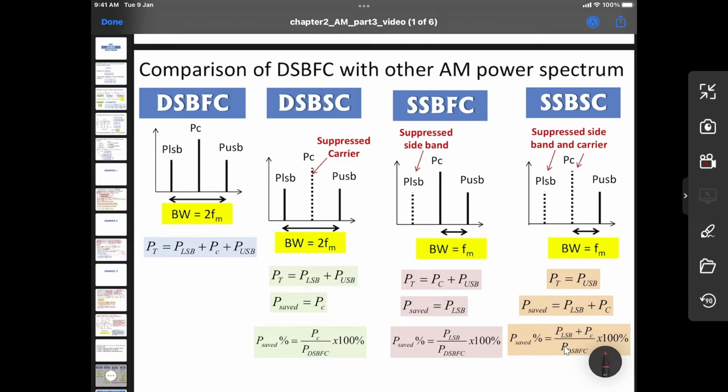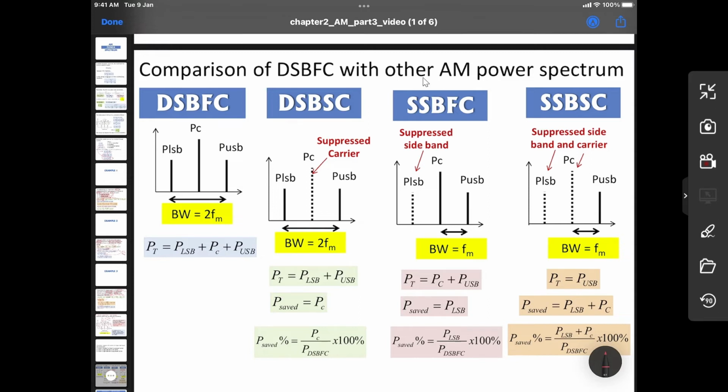Even though the formula is given here, this formula comes from the understanding of how the double sideband is represented. If you know how that is represented, you can draw the spectrum, you can calculate the bandwidth, and you can also calculate the percentage of power saved.